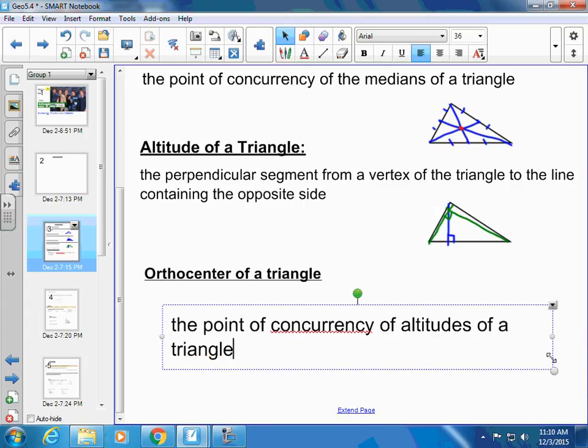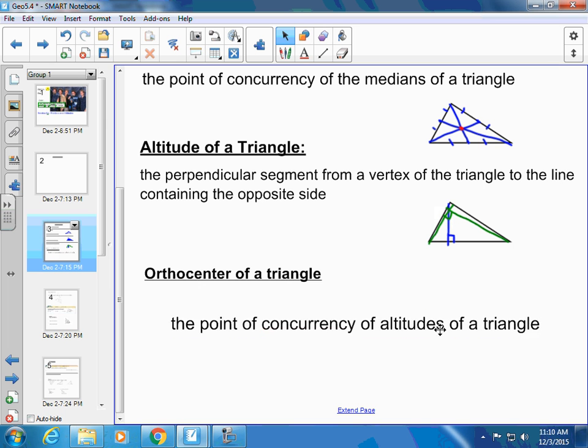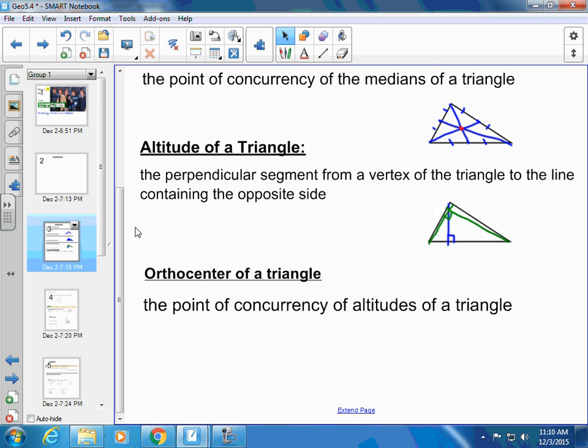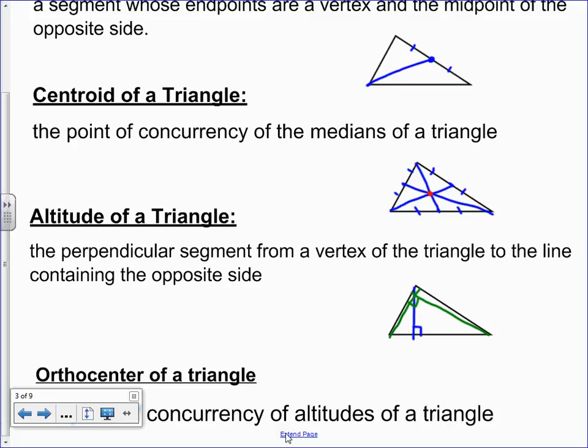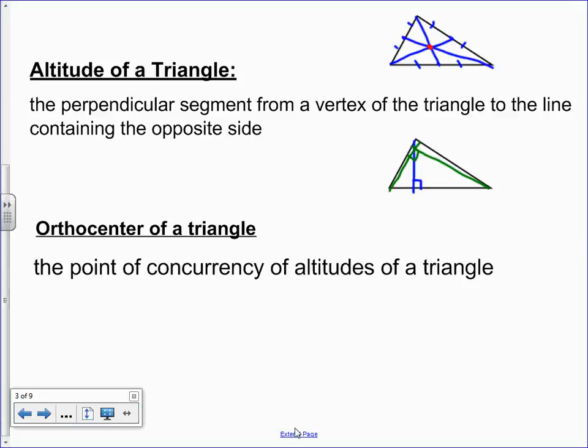So that's the last intersecting point, term for intersecting lines of a triangle. Where the altitudes intersect, that's called the orthocenter. We'll talk about how to find the orthocenter. So that would be right there, where they intersect.